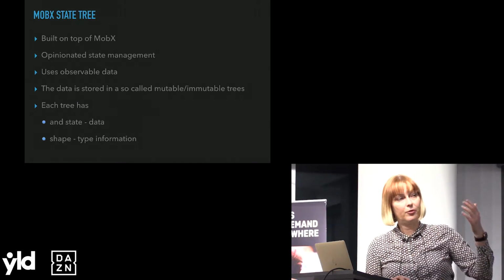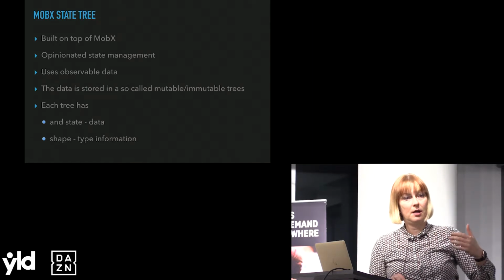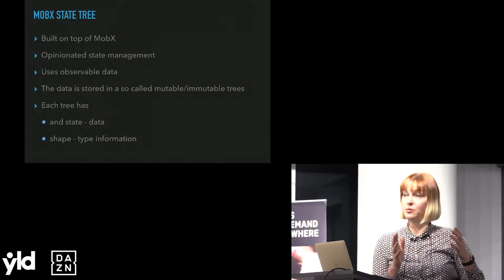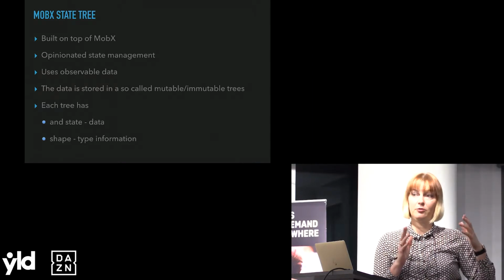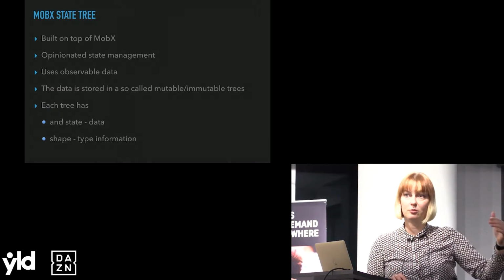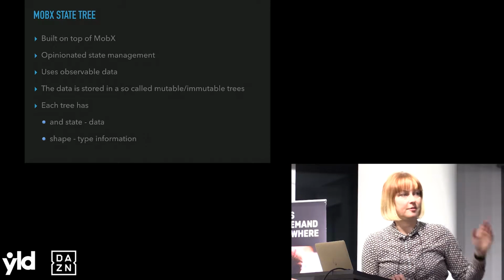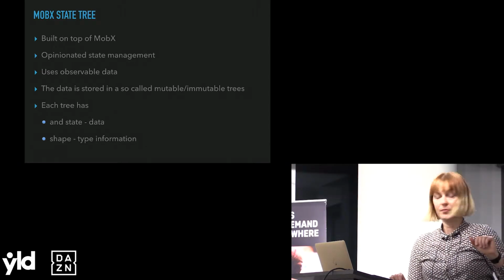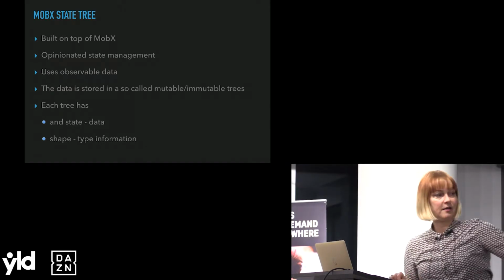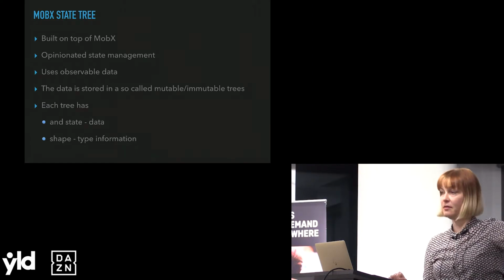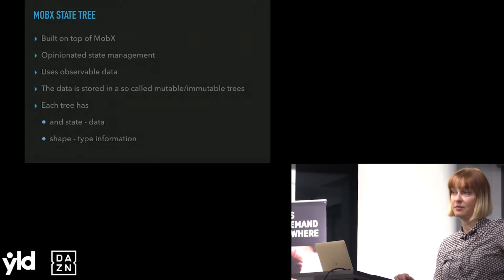However, for every change, a snapshot is created, and this tree is kept as a serialized object. We'll come back to this. Remember that it has a state, that is actually our data, and the shape, that is the type information.